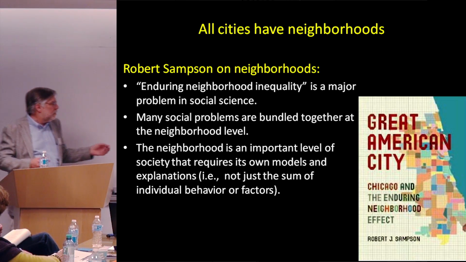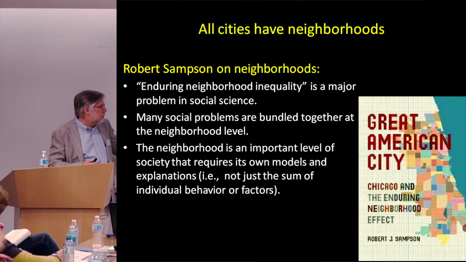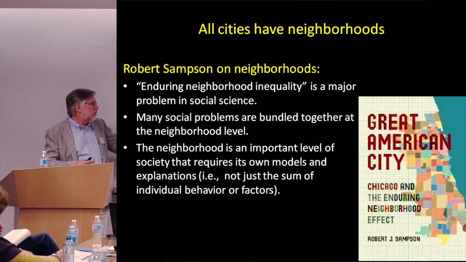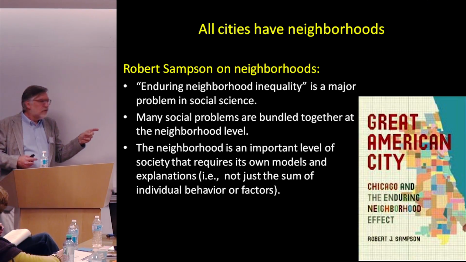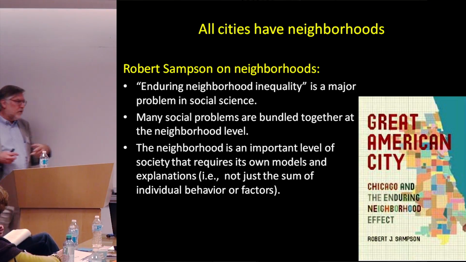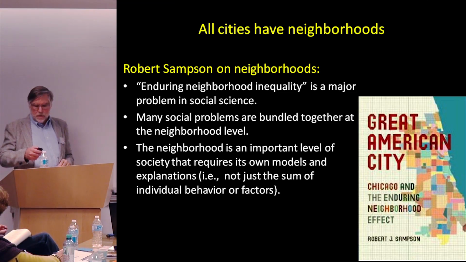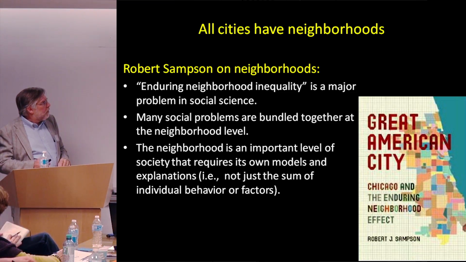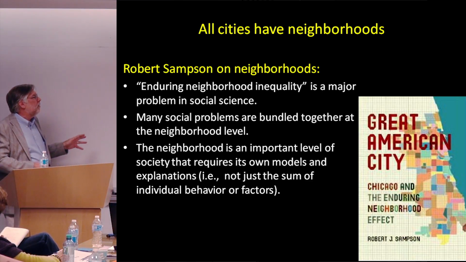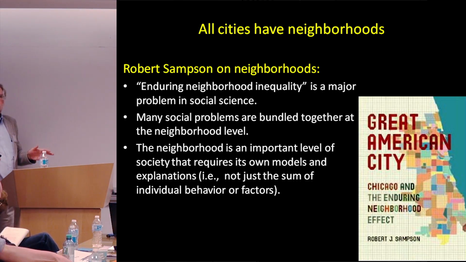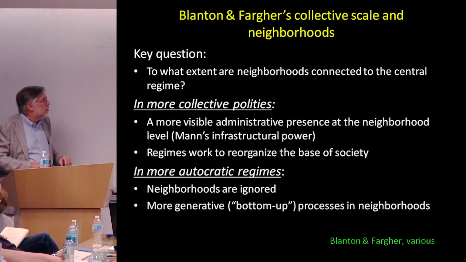What is there about neighborhoods? A lot of social problems are bundled together at the neighborhood level in contemporary cities. And Sampson argues the neighborhood's an important level of society. It's not the same as just looking at individuals. It's not the same as just looking at the city. It's its own level. Neighborhoods, I think, as a topic, has really just begun to be addressed by archaeologists and historians. There's a lot more to do here.